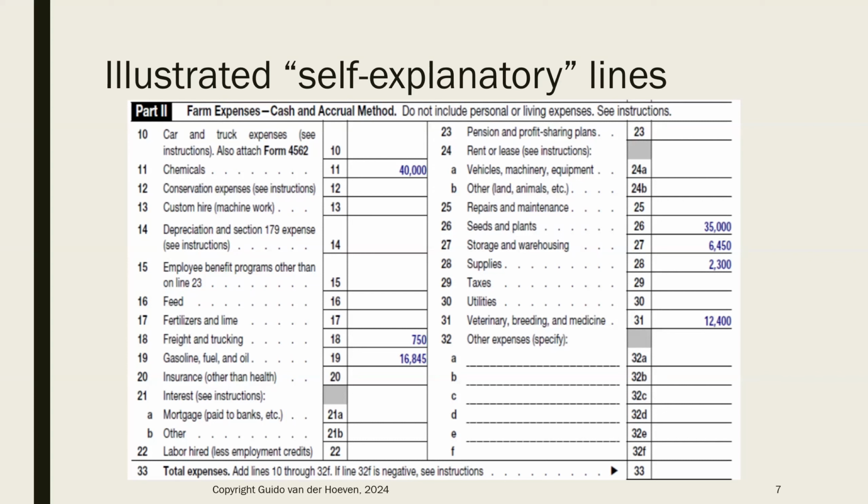So if it's billed out separately and you want to keep track of that, then you would deduct that currently. If a piece of machinery was delivered to your farm and you got an invoice that had, okay, here's what the machine cost, here's what the delivery charge cost, you may want to pull that freight and trucking out because you get a current expense on that in the current tax year in which it was delivered and placed into service.